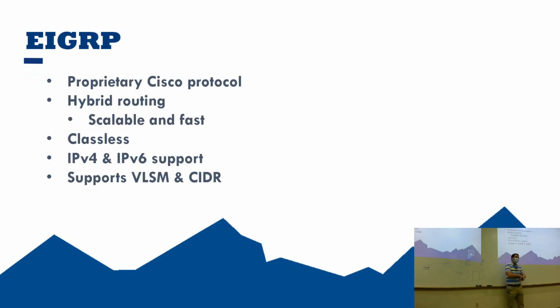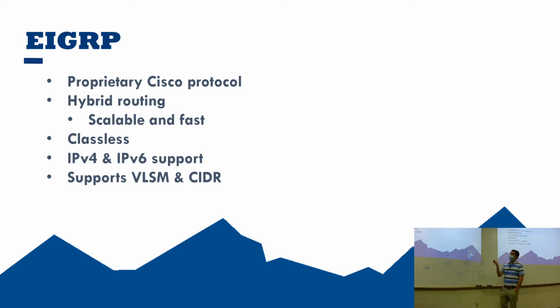Okay. EIGRP. EIGRP's a great protocol. The biggest downside is that it's Cisco proprietary. But it's going to support hybrid routing, so it's not just using distance, and it's not just using other things. It's scalable and fast. So we're not just tied down to being on the same subnet mask. It's going to be classless. Classless is very good. Of course, it's going to support VLSM.